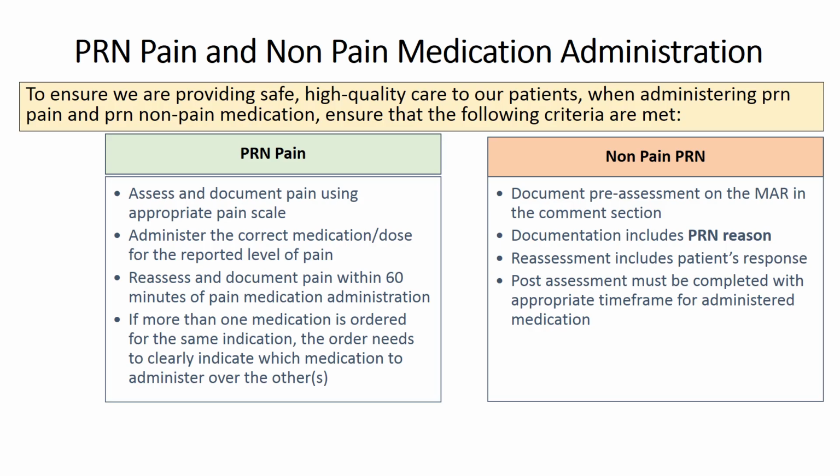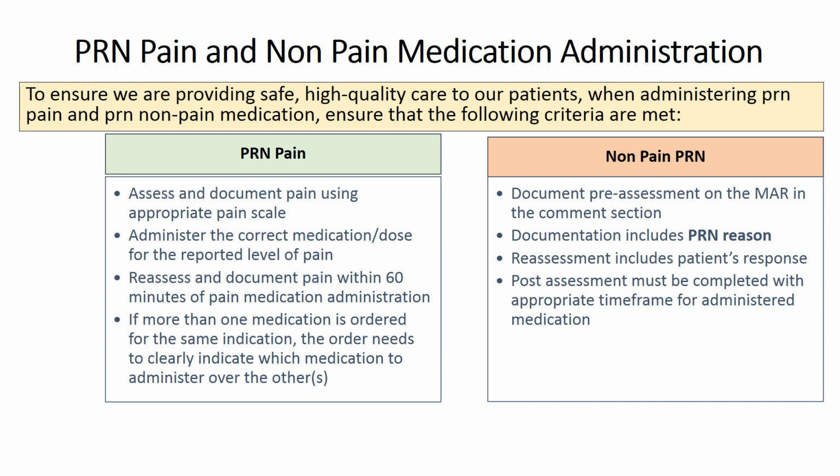Pain and non-pain PRN medication administration. Under PRN pain, you assess and document the pain using the appropriate pain scale that's appropriate for your patient. So if your patient is talking and walking, then you shouldn't be using a nonverbal pain scale.